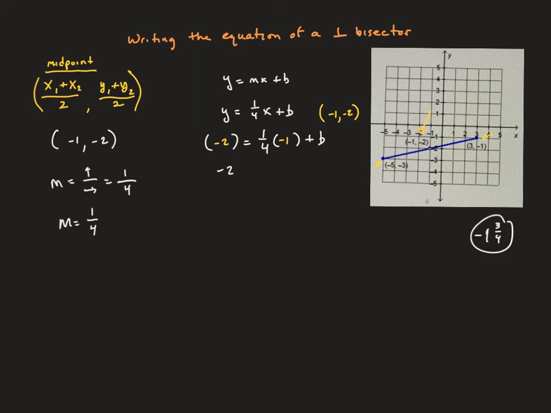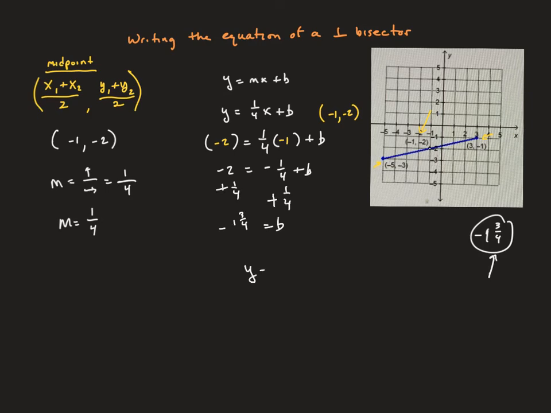So I'm going to have -2 equals -1/4 plus b. I am going to go ahead and add 1/4 to both sides, and that is going to be -1 3/4 equals b. Sure enough, look at that, bam, -1 3/4.